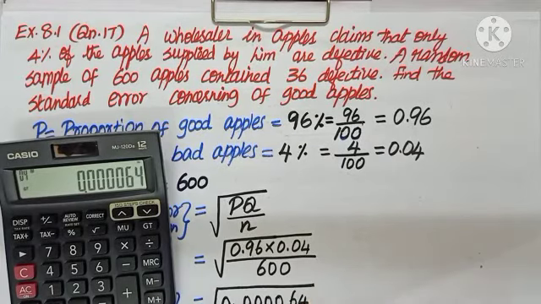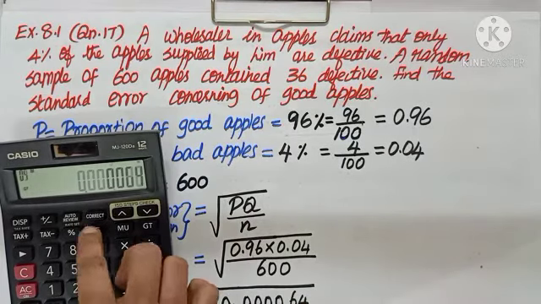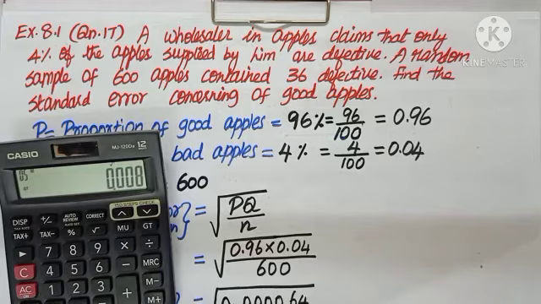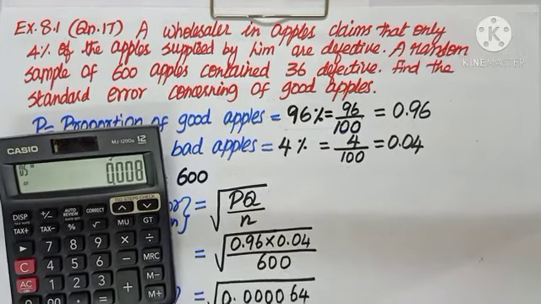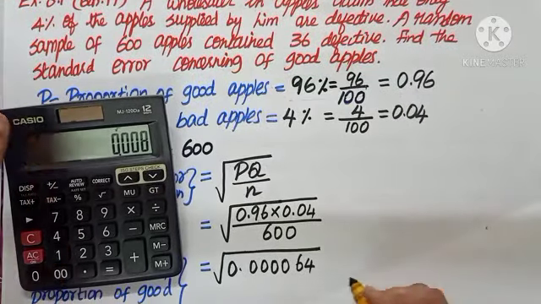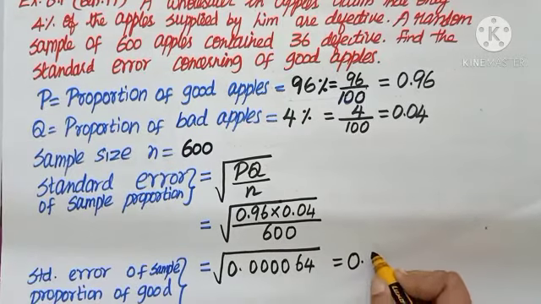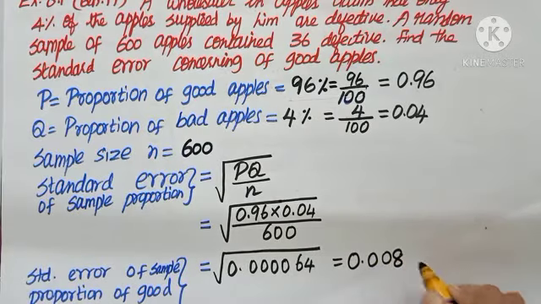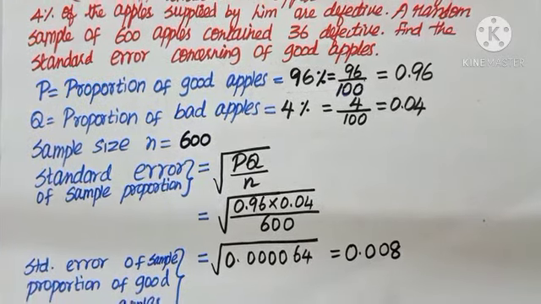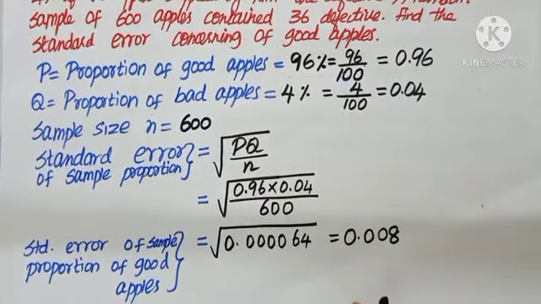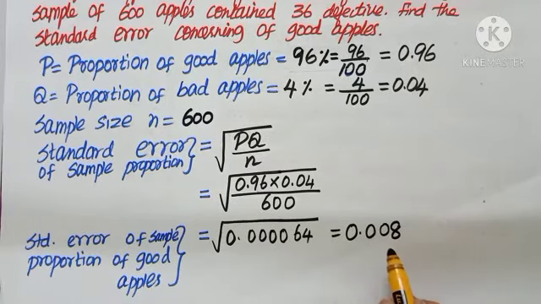Find the square root of it. We get 0.008. So what is my answer? It is 0.008. Standard error of sample proportion of good apples equals 0.008, and that is the answer.